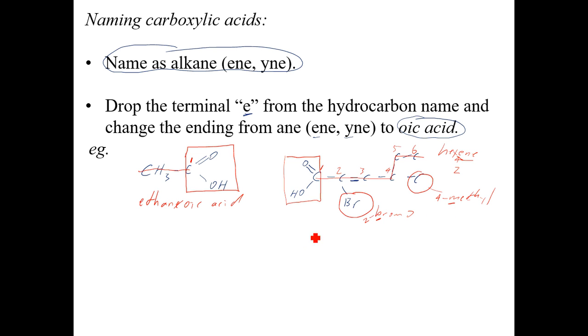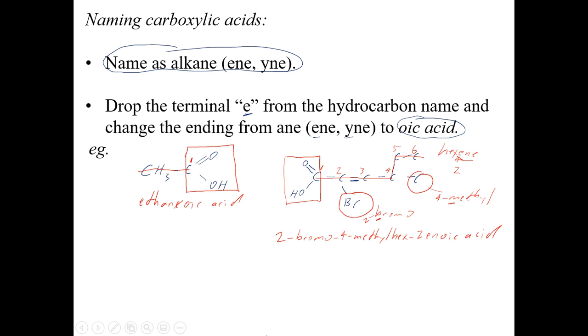B comes before M, so this is going to be a 2-bromo, no spaces anywhere here, 4-methyl. Now is where it gets a little bit tricky. So now we have a hex-2-ene, but I'm not going to put that last E in here because it becomes oic acid. 2-bromo-4-methylhex-2-enoic acid is what this one would be called.